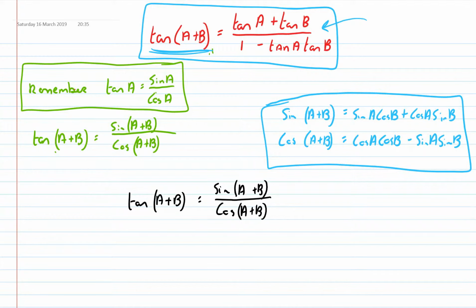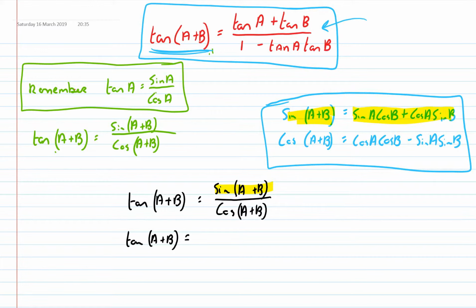I could also say tan(A + B) equals, and now I'm going to look at this, sine(A + B). Well, sine(A + B) is this. Okay? So I'm going to change that.